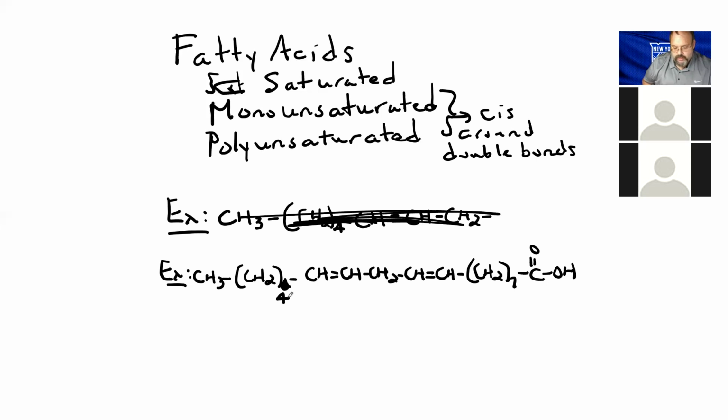So in this structure, you'd have CH3, and then 4 consecutive CH2s. Then you would have CH=CH, CH2, CH=CH, and then 7 consecutive CH2s, and then you'd get to the carboxyl group on the other end. So what you see here on the screen now is the way that I like to draw my fatty acid structures.